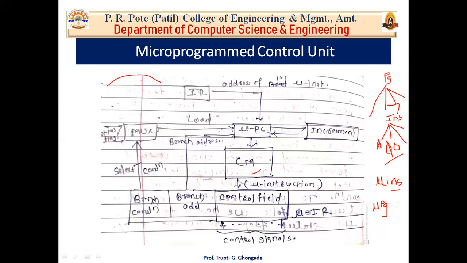So all I need to do is, from my instruction, somehow get the address of the micro program. And once I get that address, I have instructions which will produce control signals, which will cause micro operations so that my addition instruction is complete. So this is how a micro program control unit works.